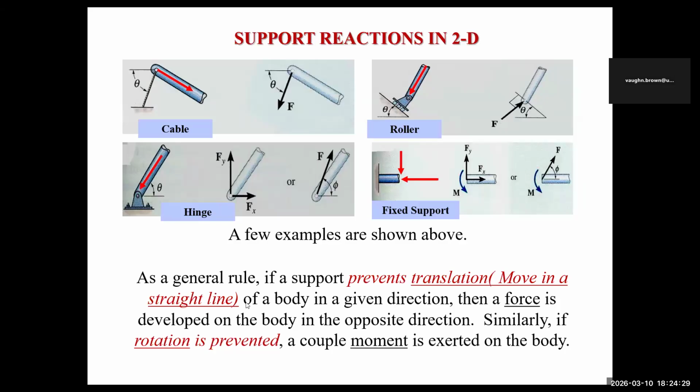Now, how did we get to the support? There's a systematic way we know what support to put at what point for your support reaction. It is very systematic. If you look at this one here, you will see that you have a cable pinned to some metal, right?